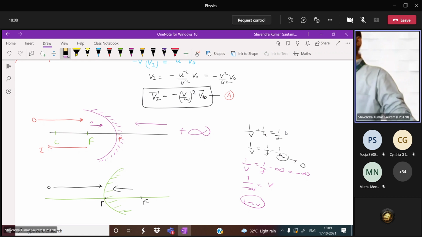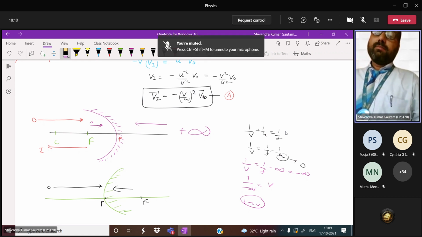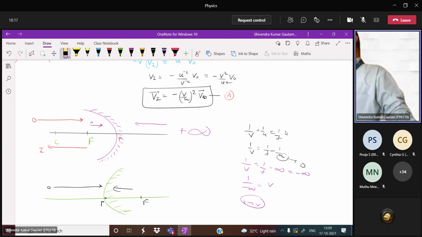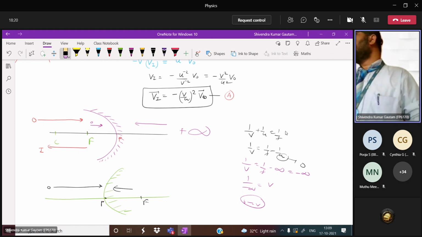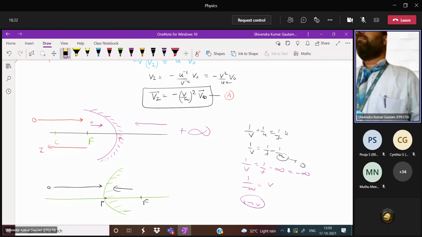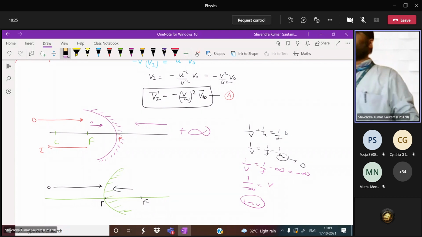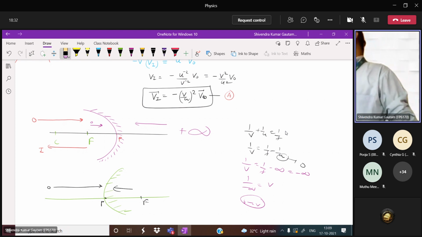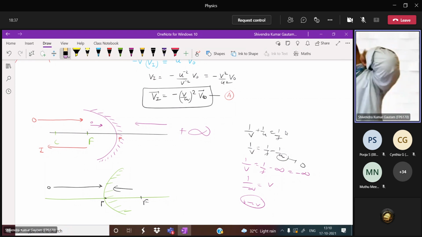Next point. In a convex mirror, if the object moves from minus infinity to pole, the image moves from focus to pole, in brackets, virtual image.